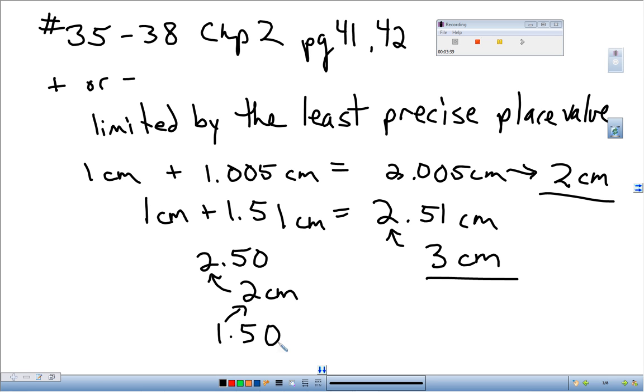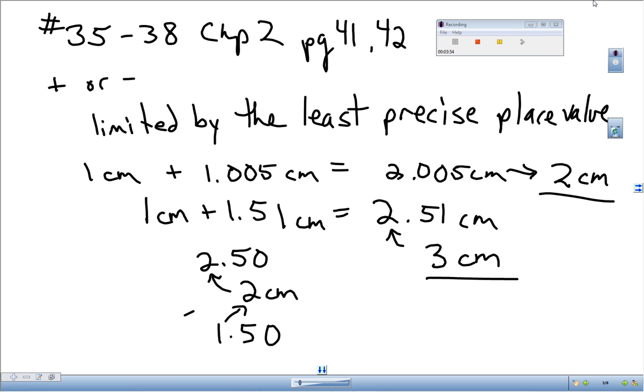Rarely do you ever have to deal with this headache. How often do you have a number that's 50? Sometimes, but not that often. Okay? Any other questions about that? The 50s: even, Steven, keep it the same.